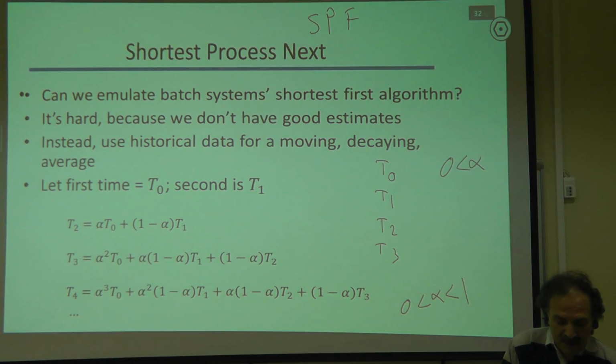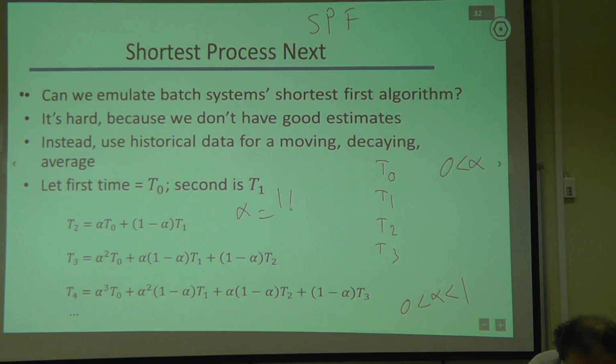But some people say that calculating this formula is not that easy because you have many multiplications and additions. When you choose alpha as 1 over 2, 0.5, calculating this formula is so easy.